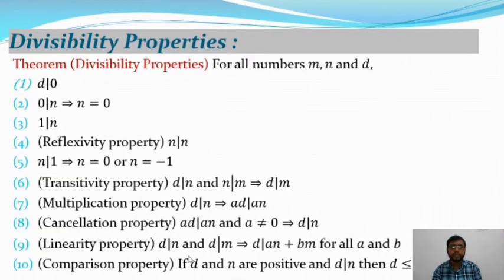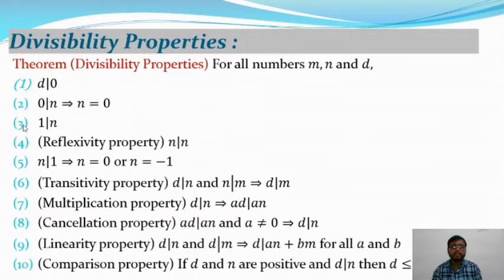In this slide, we will discuss the properties of divisibility. There are some properties or theorems on divisibility, for all numbers m, n and d. The first property is d divides 0. The second property: 0 divides n implies n is equal to 0.